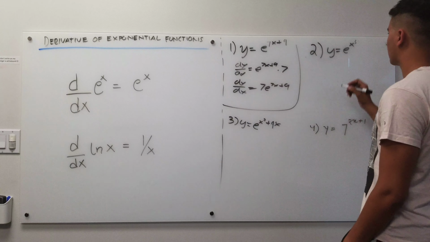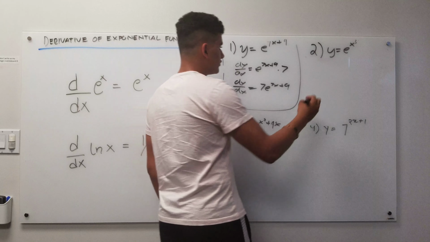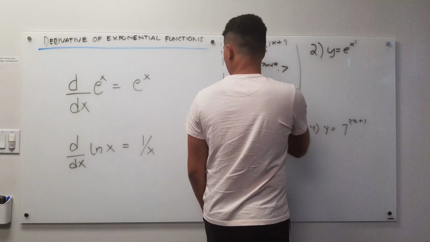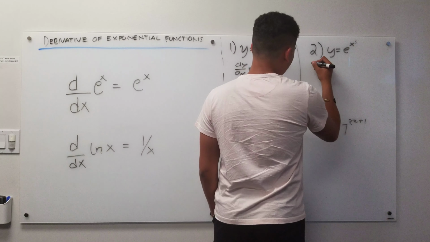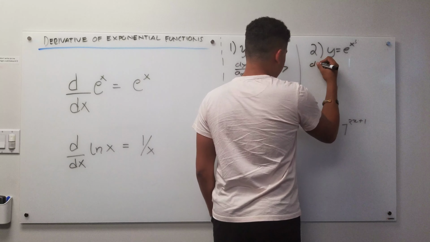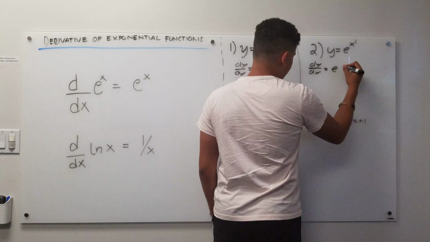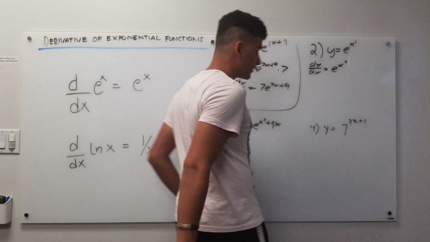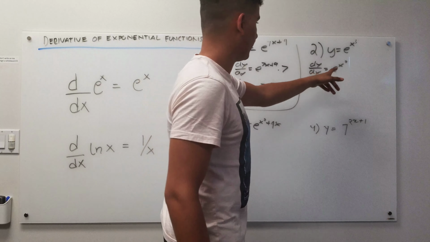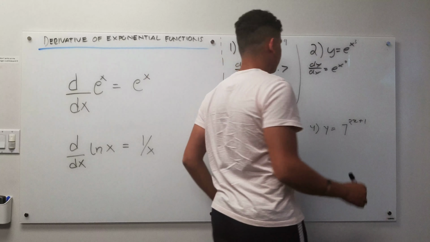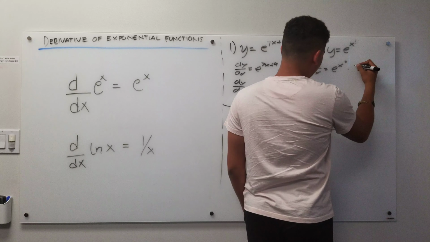Second problem, y is equal to e to the x cubed. Interesting problem over here, but nothing we can't solve with that formula right there. So we have to find the derivative. dy/dx is equal to e to the x cubed. Why? Because of this formula. Anything that e is to the power of will stay there, but you're just going to have to apply chain rule.